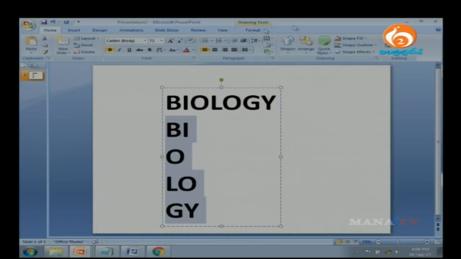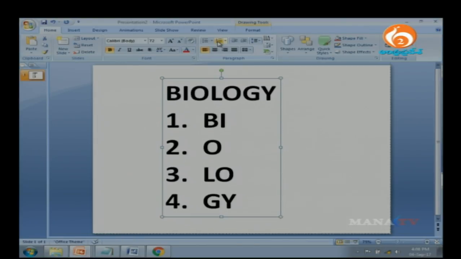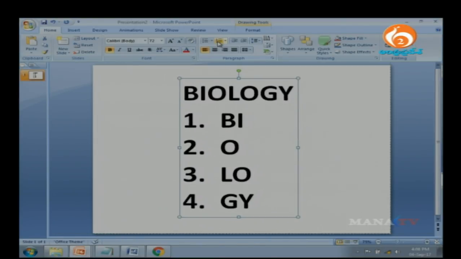Let me mark it that there are 4 syllables. Out of these 4 syllables, I am supposed to stress on a particular syllable. That's exactly what syllable stress is all about. For example, in this case, I will stress on O, and I'll pronounce that biology.